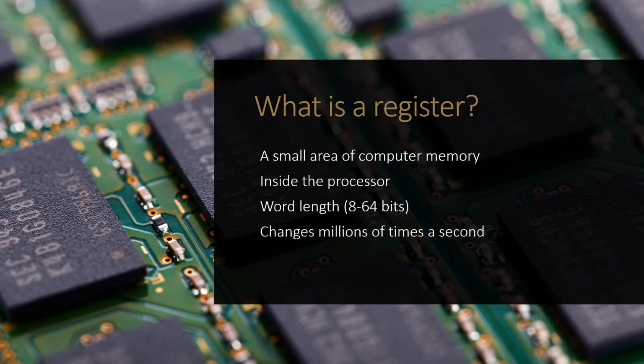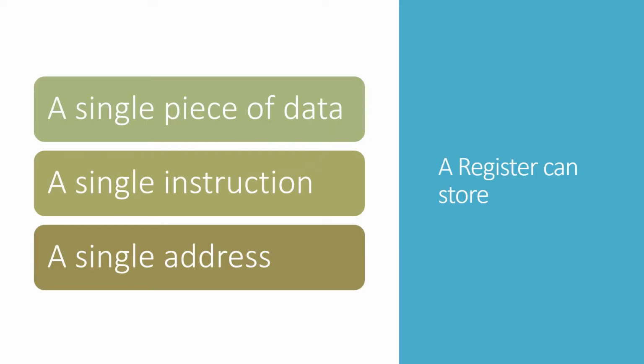It's extremely quick for the processor to access any of the items in the registers. Each register can store one item, a single piece of data, a single instruction, or a single memory address. In each case, it will be stored in the form of a binary number.